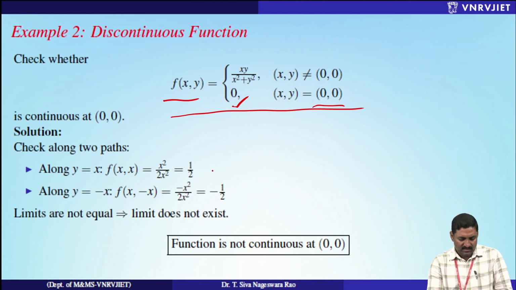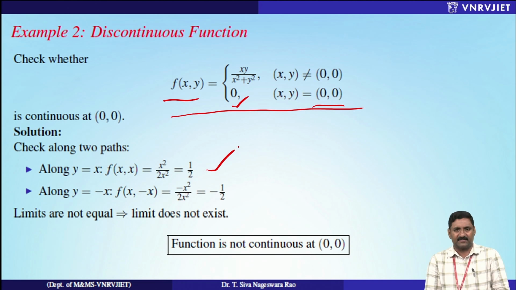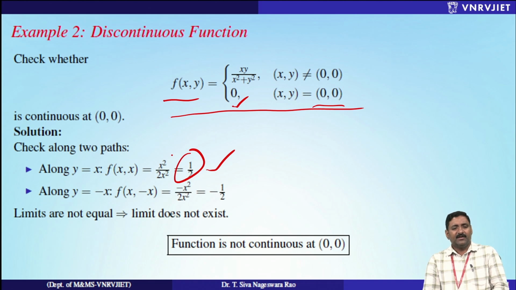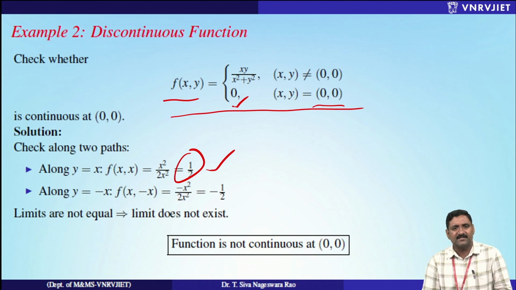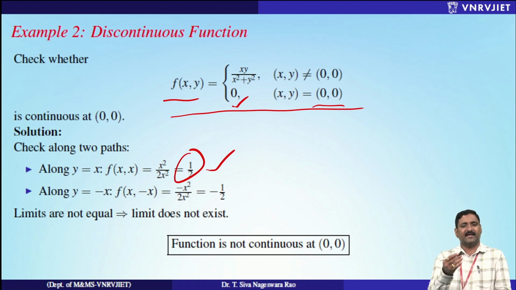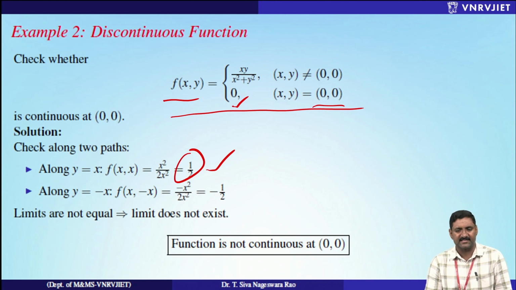If you take the path y is equal to x, what is the limit of the given function? The limit will go to 1 by 2. If you take another path, like y is equal to mx, without loss of generality, m is equal to 1 gives the y is equal to x path, and m is equal to minus 1 gives the y is equal to minus x path.